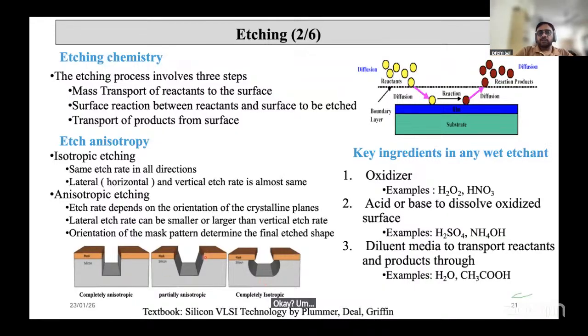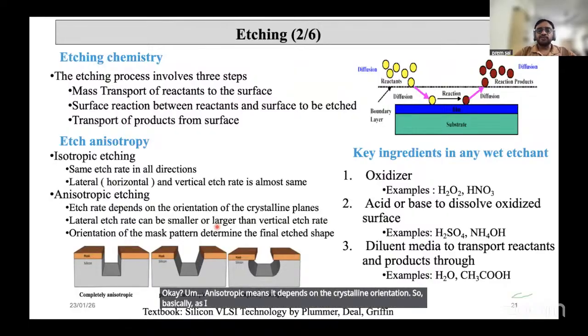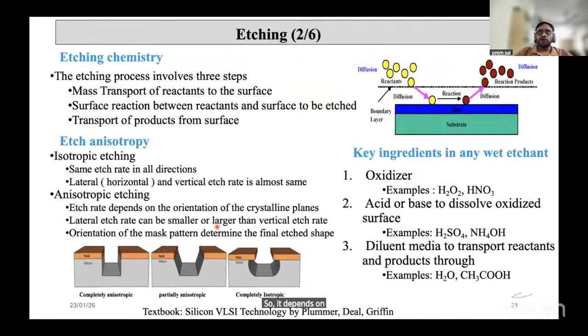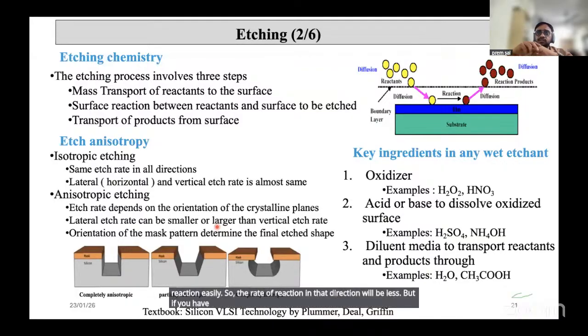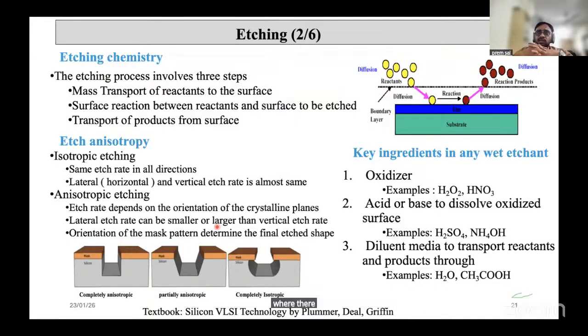Anisotropic means it depends on the crystalline orientation. As I introduced in the previous slides, there is 100, 111, 110, all that. It depends on that orientation. Let's say a 111 crystal: the atoms are so dense that it won't undergo a reaction easily, so the rate of reaction in that direction will be less. But if you have 100, there is space between the silicon atoms.